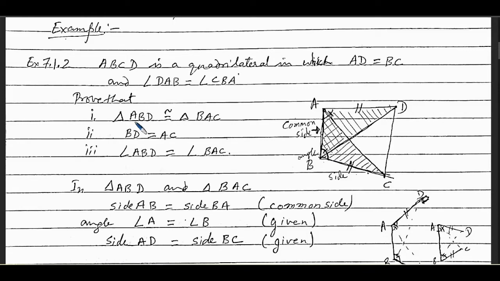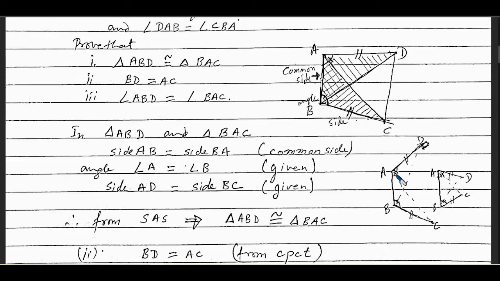So prove that triangle ABD, this triangle marked in hash, is equal to triangle BAC, and prove that diagonal BD is equal to diagonal AC, and also prove that angle ABD is equal to angle BAC.